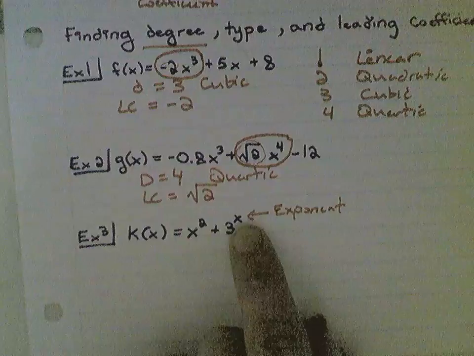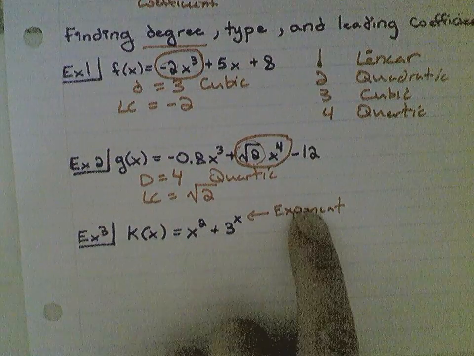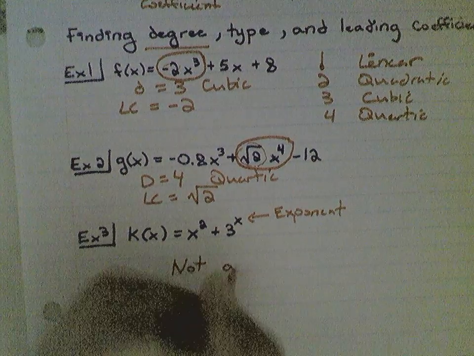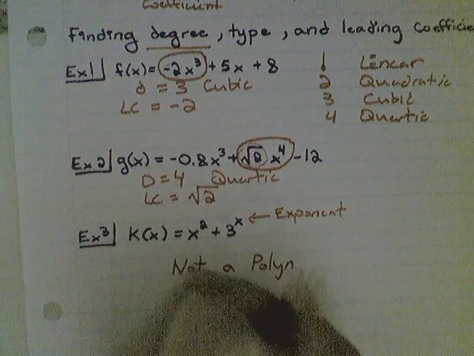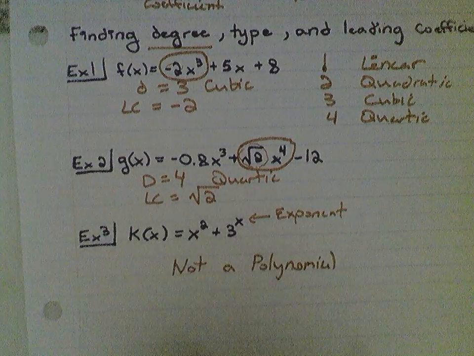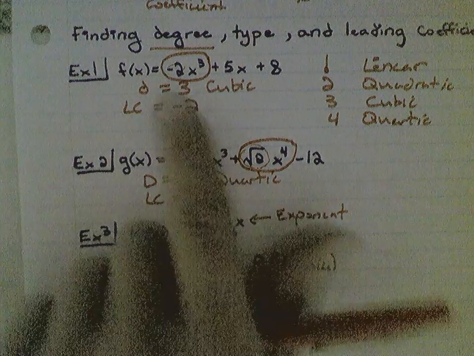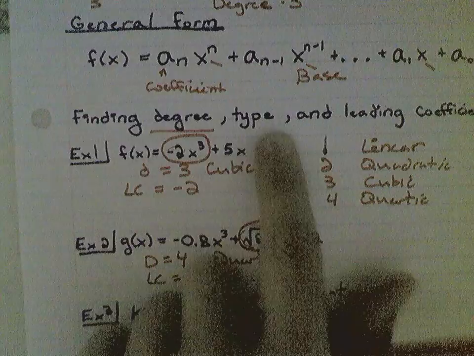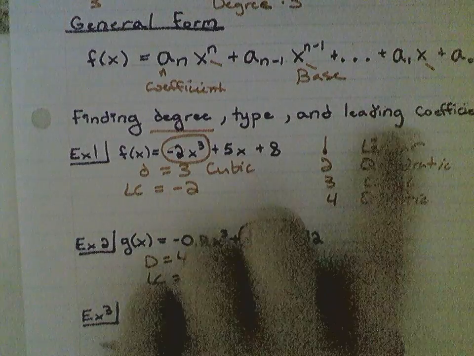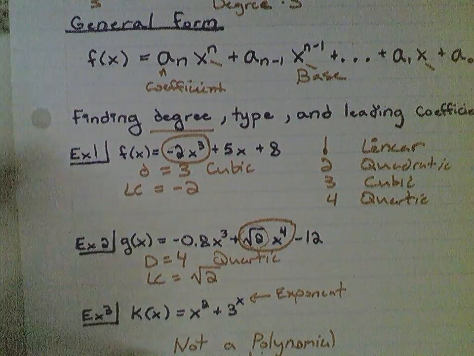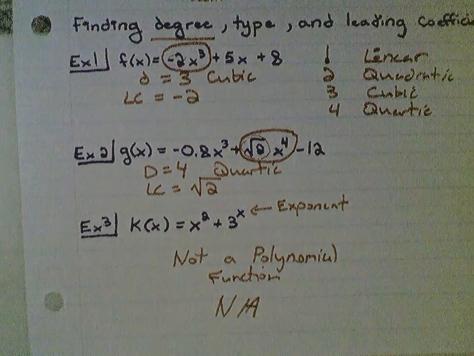If we go back to the example, you'll notice once again that this x is not a base, it's an exponent. So the first thing to notice is that this is not a polynomial function. Since it is not a polynomial function, answering the questions about its degree, its type, and its leading coefficient makes no sense here, so we don't need to answer those. It's just N/A, not a polynomial function.